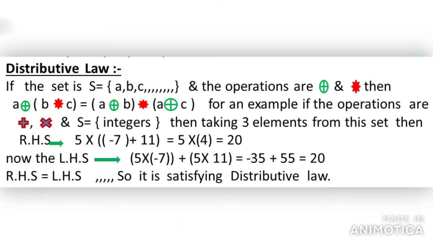Then we write 5 multiplication of minus 7 plus 11 is equal to 5 into 4 is equal to 20, and on the other hand we write 5 into minus 7 plus 5 into 11 is equal to minus 35 plus 55 is equal to 20.